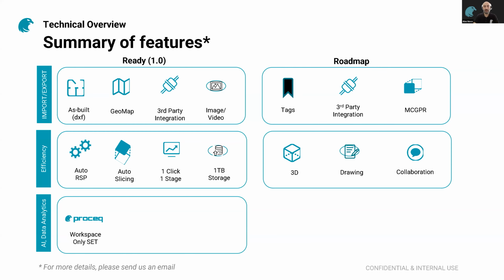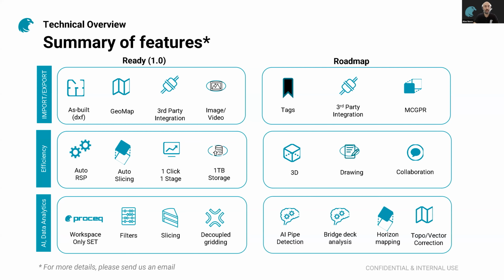On the artificial intelligence and data analytics, we're already working on that, and we will have more interesting news to come soon on more filters, decoupled gridding, and then rich deck analysis, other things like horizon mapping, topography, vector correction. This will be in very soon.